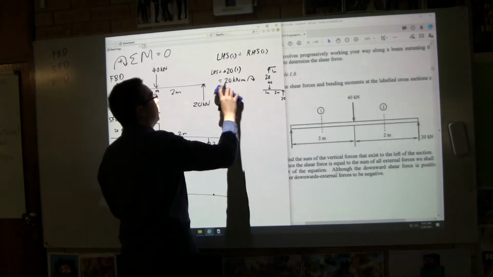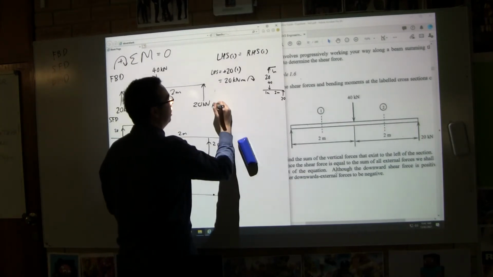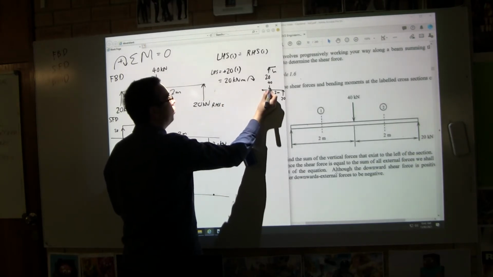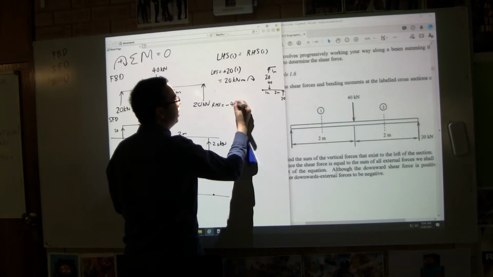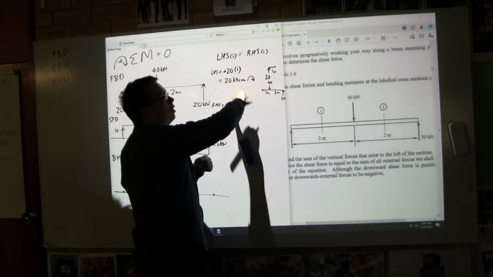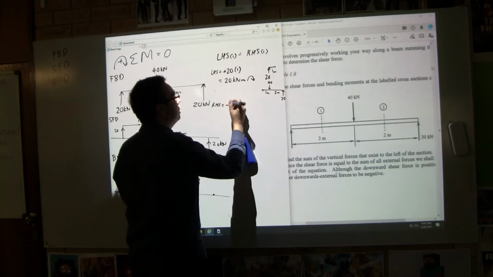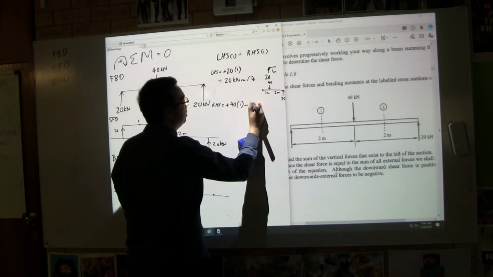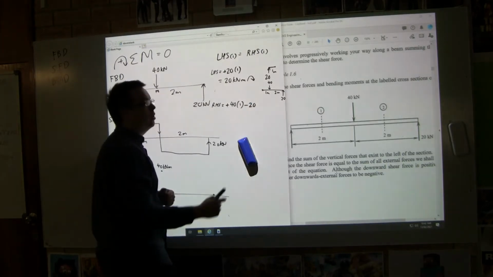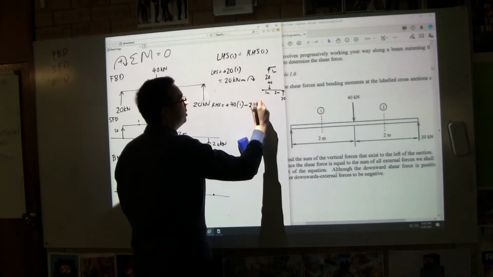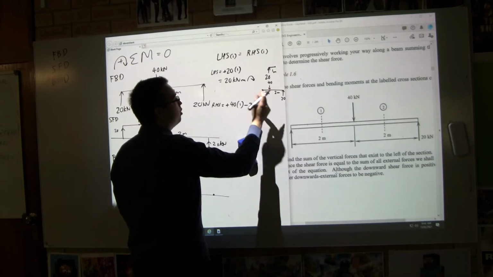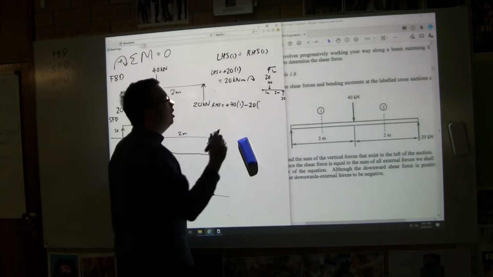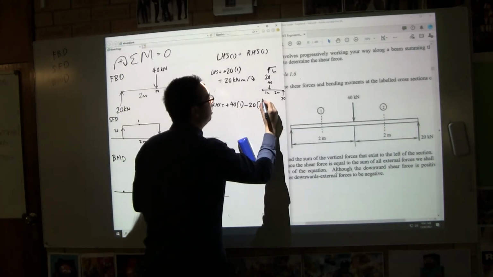I'm going to write that down a little bit lower, just so I don't run out of space. RHS equals, okay, so measuring from our location, we've got 40. Is it going clockwise or anti-clockwise? Clockwise, and it's 1 meter away. And then we've got the 20. Is it going clockwise or anti-clockwise? Anti, so it's keeping that as is. And how far away is it from our location? 3, 1 plus 2 equals 3.